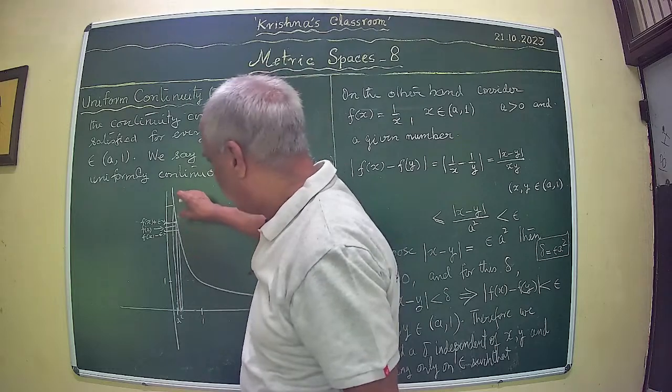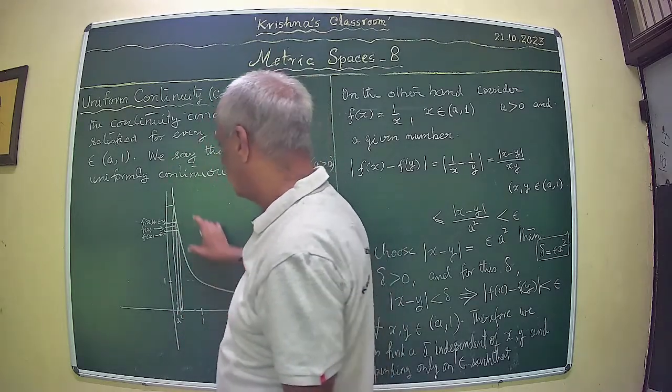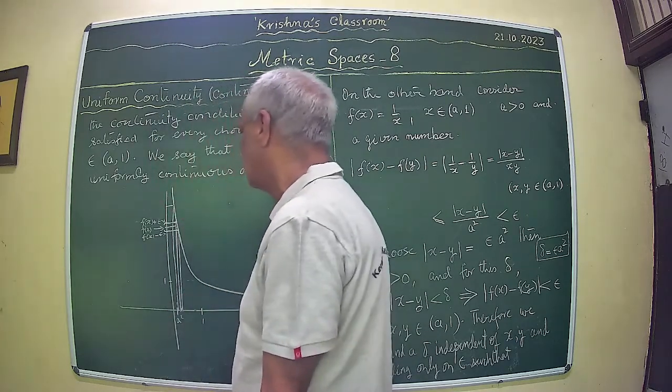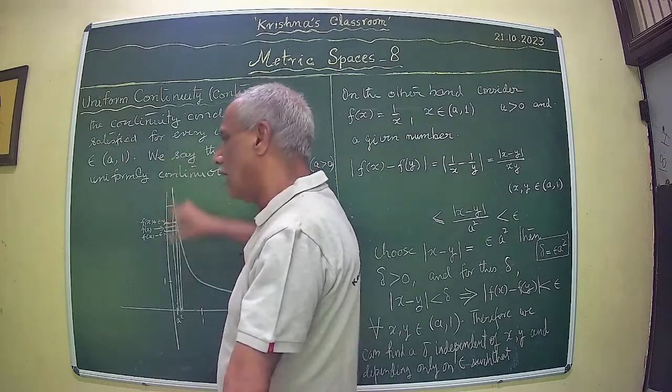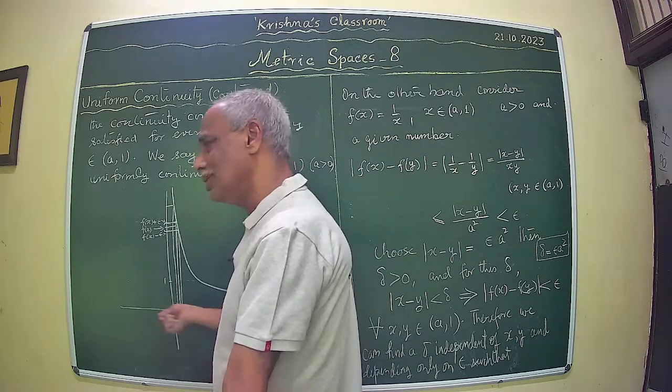But the behavior of this delta is clear from the graph, that as you move closer and closer to 0, no matter how large an epsilon you choose, the delta will be going towards 0.